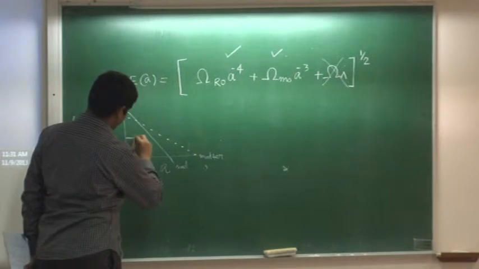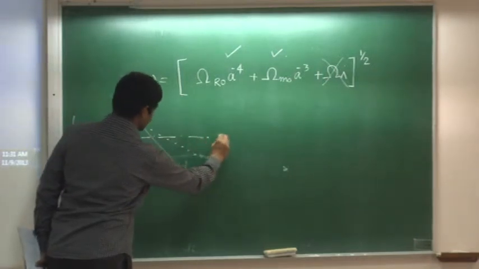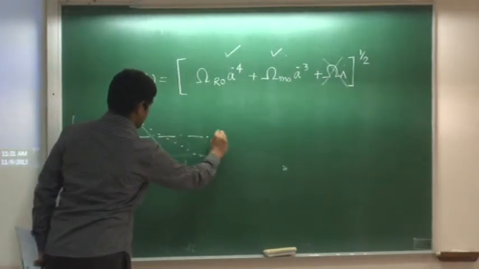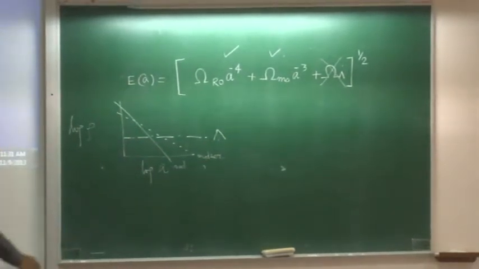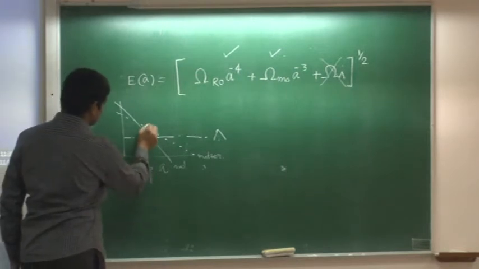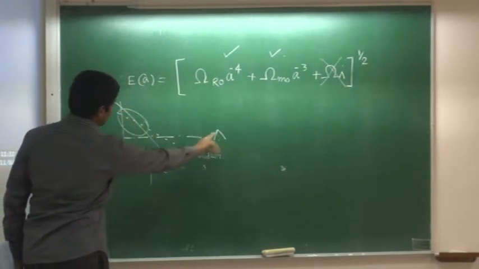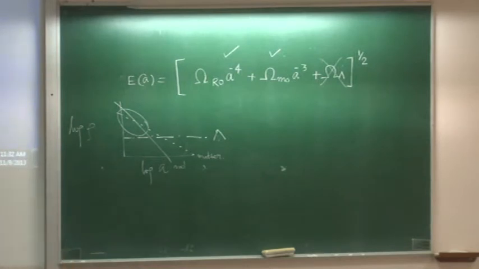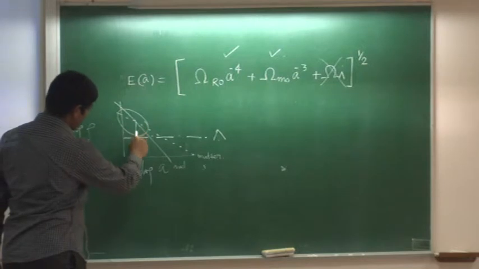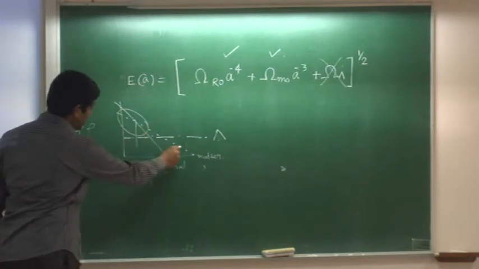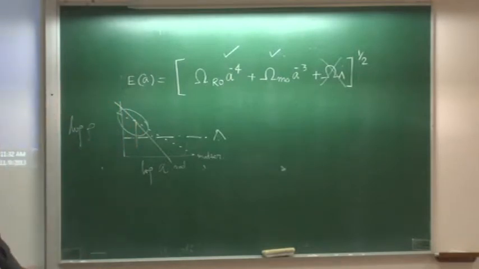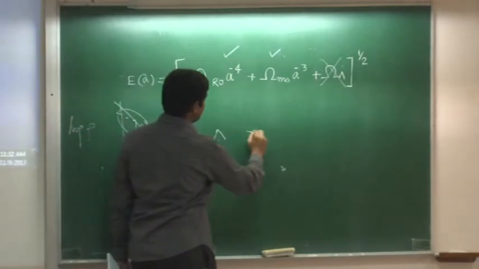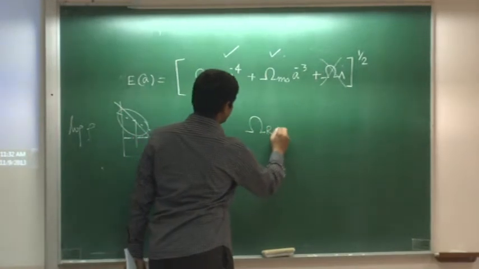And then you had lambda, which is constant. So we are working here where lambda is already not very important. And then we are asking at what point this transition occurs. So the matter dominated universe goes to the radiation dominated universe, and that you can do by doing this simply.